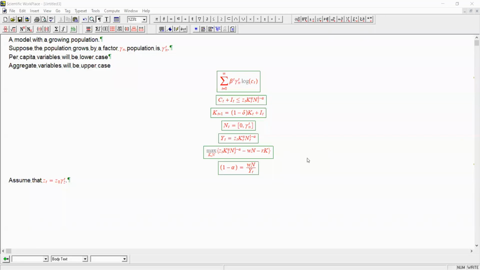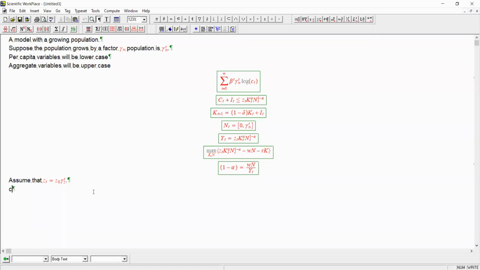Very well. Now what we need to do is to try and express all of the variables in this problem in consistent terms, and by that I mean in terms of per capita variables. So aggregate variables will be in uppercase, per capita variables will be in lowercase.